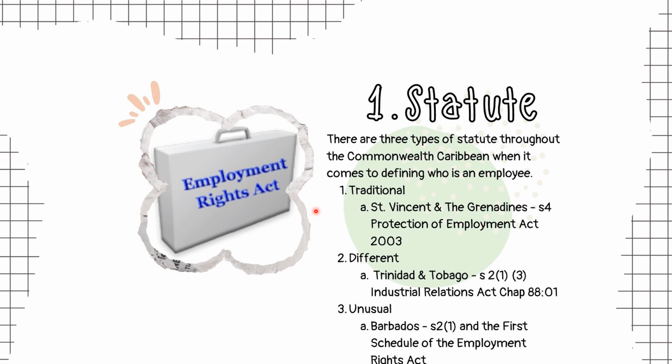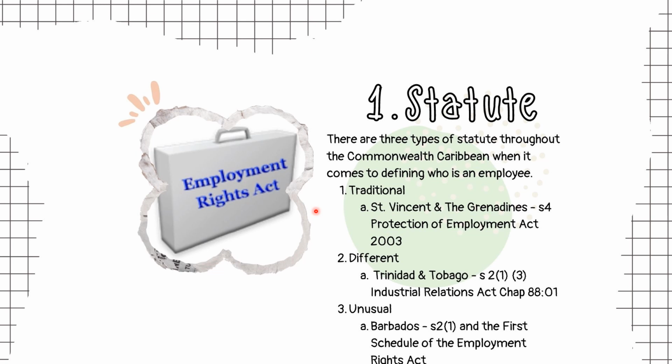So in the definition section, you'll find the word worker instead of employee. But you will still obviously know when they say worker, they mean the employee. Barbados now is categorized as unusual because Barbados gives a traditional definition of employee, but they go on to do something more in their schedule.